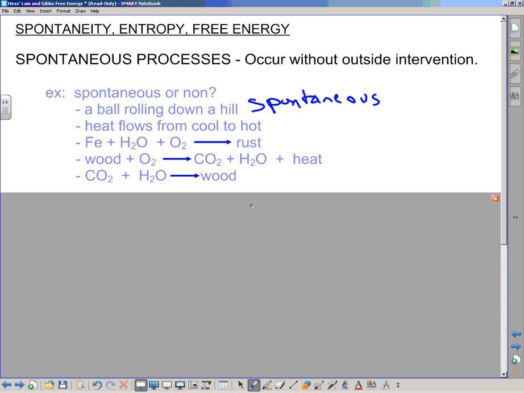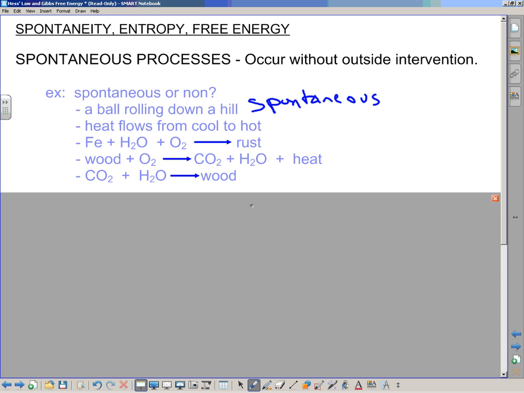Now the second one, heat flows from cool to hot. Is that a spontaneous process, or is that a process that would require an outside force, an outside influence of some sort? Yeah, that one's going to require an outside influence. Okay? Think about the language of it. You've got heat flowing from cool to hot.